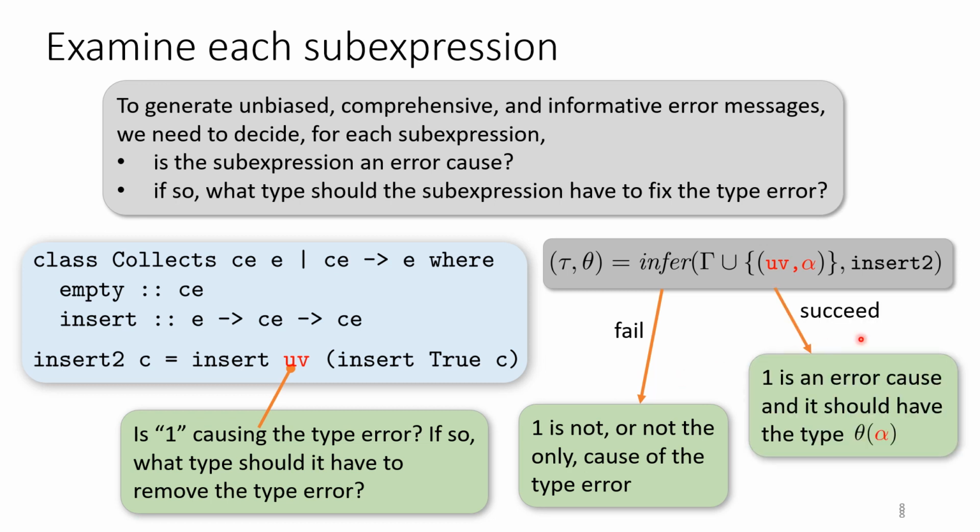The second outcome is that type inference is successful. In that case, we know that one is a real error cause, and it has to be changed to the type theta applied to alpha to remove the type error. Here, theta is a substitution returned from this type inference process.